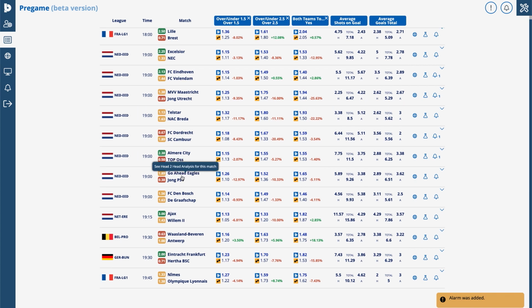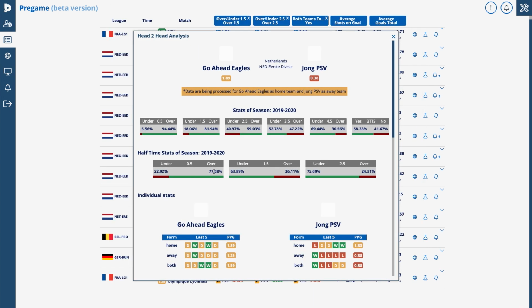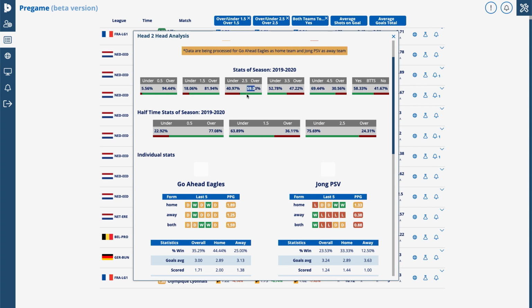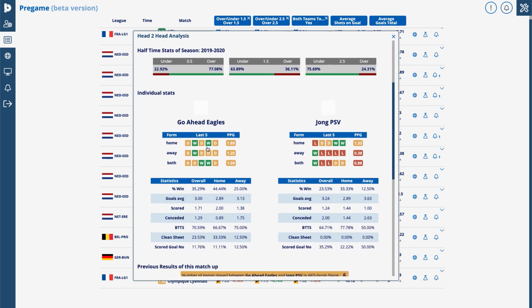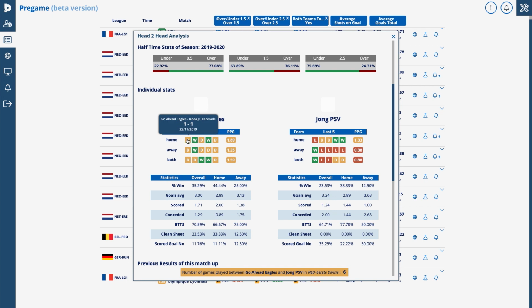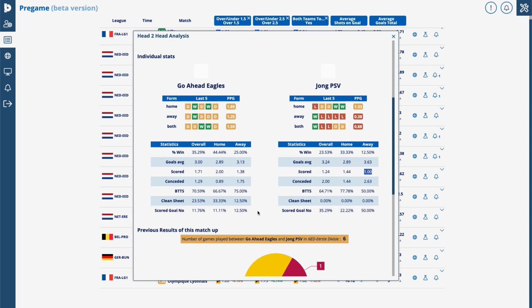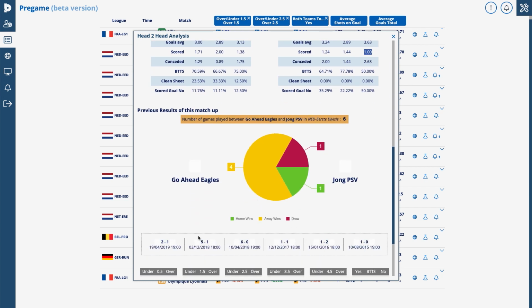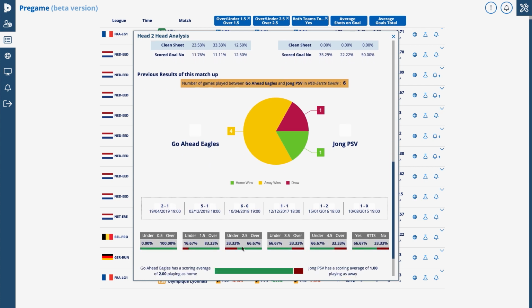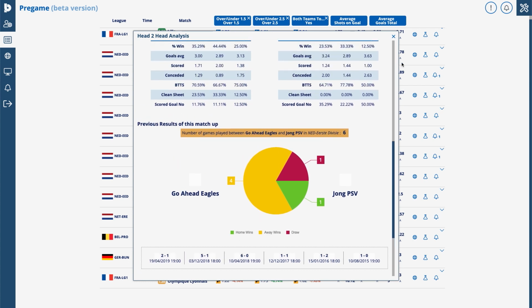Okay, next one. Go Ahead Eagles. This one has cost me money recently. It hasn't been very good for me. So we have 1-1. Okay. Wow, well, not very promising. Scoring and not conceding, conceding, relatively not scoring. Between them, alright.